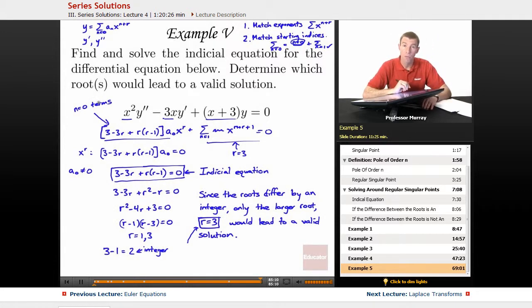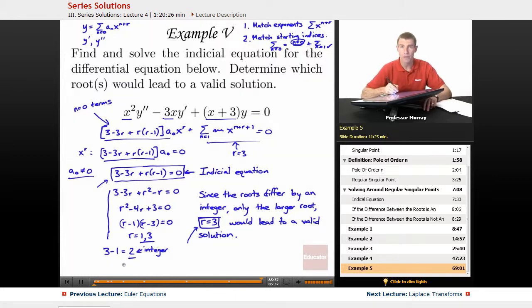And with those terms, we found the indicial equation. And that turned out to be a quadratic polynomial. That was using the fact that a naught is non-zero. So that turned out to be a quadratic polynomial, which was pretty easy to simplify, to factor, and then solve into r equals 1 and 3. So we get these two roots, and we check their difference, meaning we subtract them.